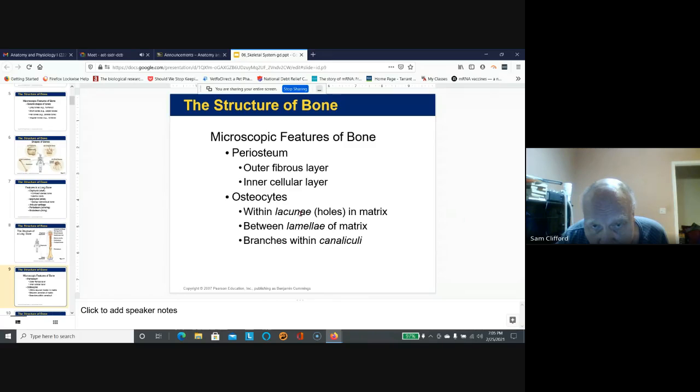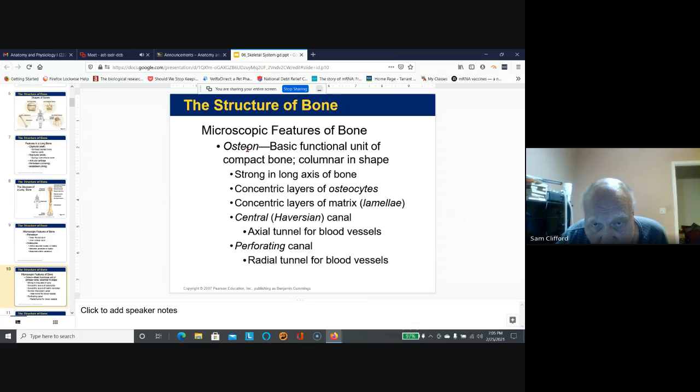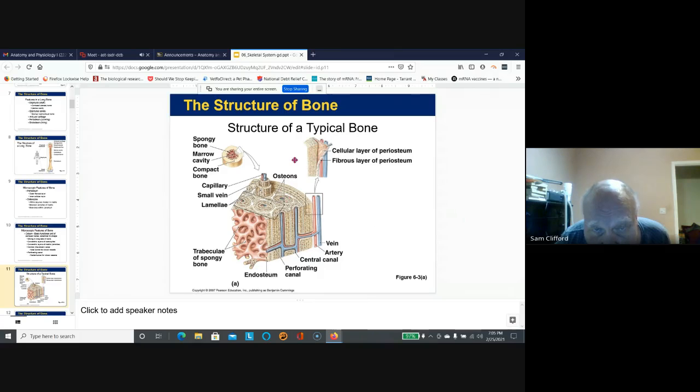So let's look at the fine structure of compact bone. We're going to look at an osteon, and we're going to look at the central canal, and that contains arteries, veins, and nerves. So if we look at a typical compact bone, the spongy bone will line the medullary cavity.